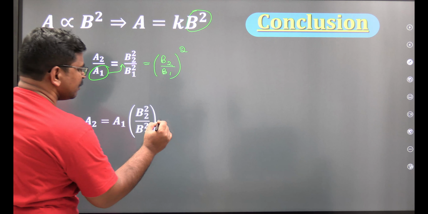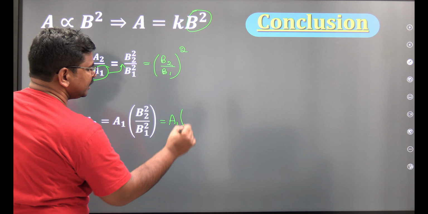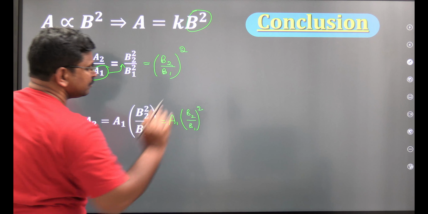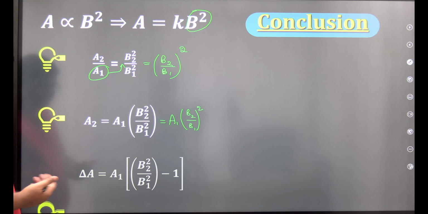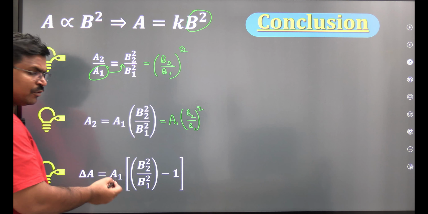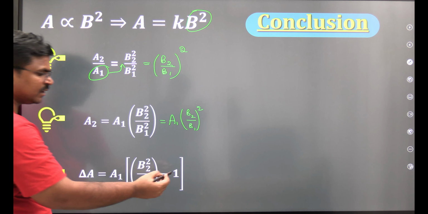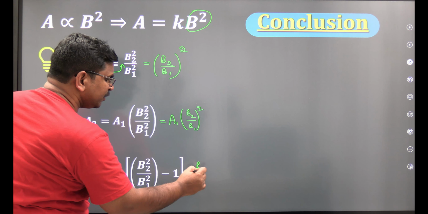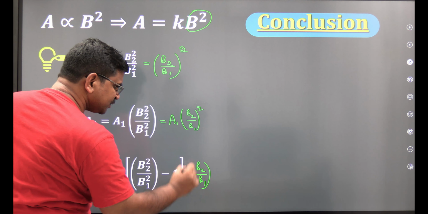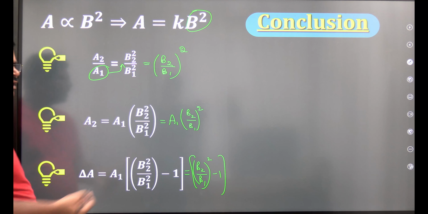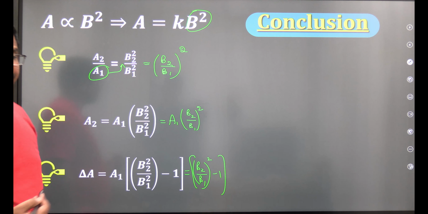Whenever the power is given, the power can be written common. So A1 times (B2 by B1) whole square, simple. And the next application is change. Change equals the original output A1 times (B2 square by B1 square minus 1), or you can write (B2 by B1) whole square minus 1. The square can be maintained common for both numerator and denominator.